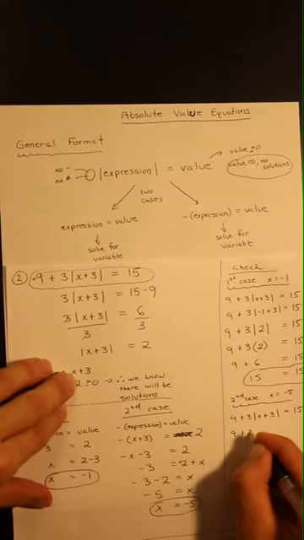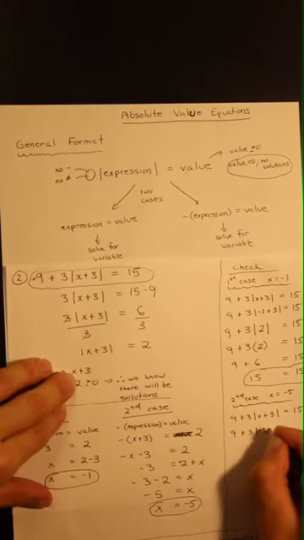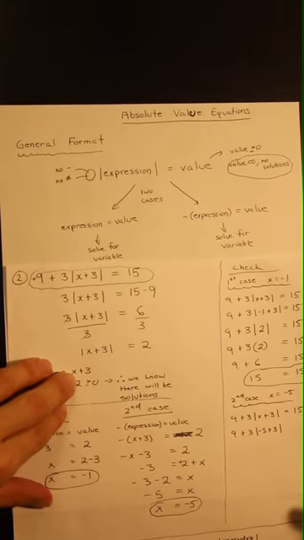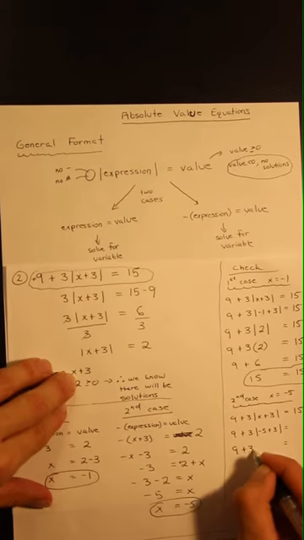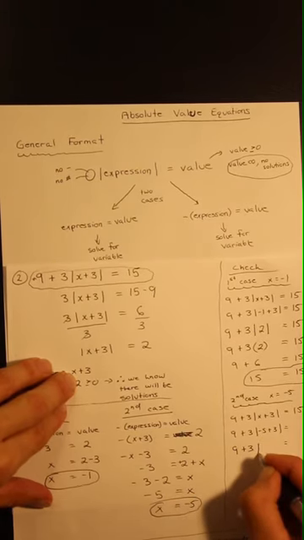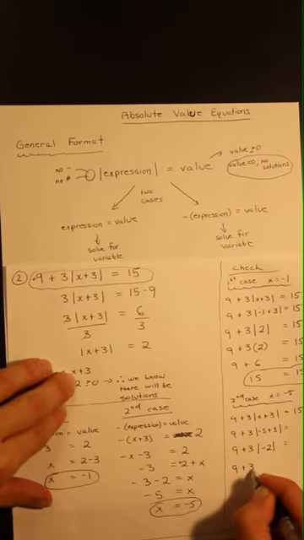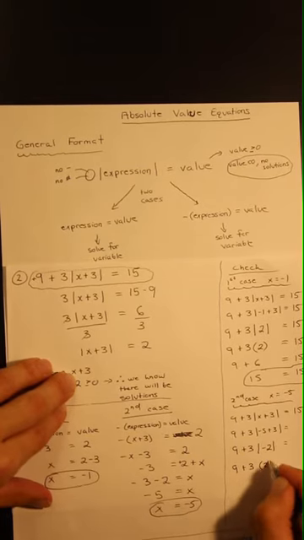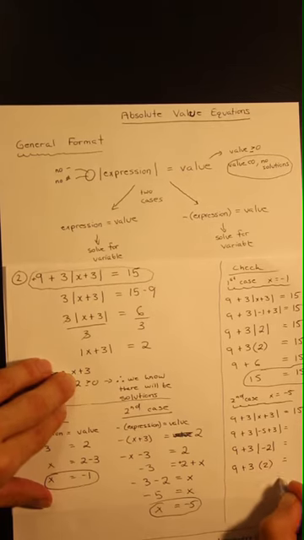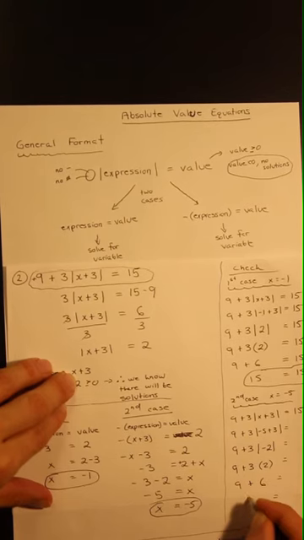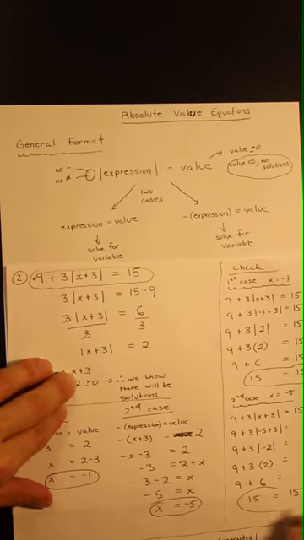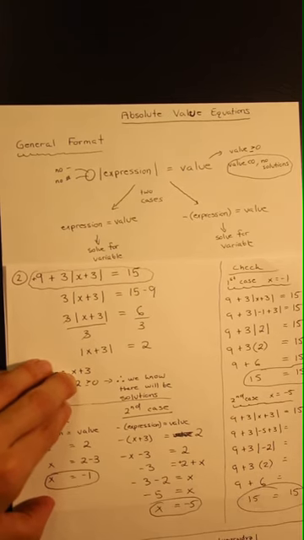So 9 plus 3 times the absolute value of negative 5 plus 3, which is negative 2. 9 plus 3 times the absolute value of negative 2, which is just positive 2, and then 9 plus 3 times 2 is 6, and that's equal to 15, which is what we wanted the right side to equal. So our second solution checks out as well.